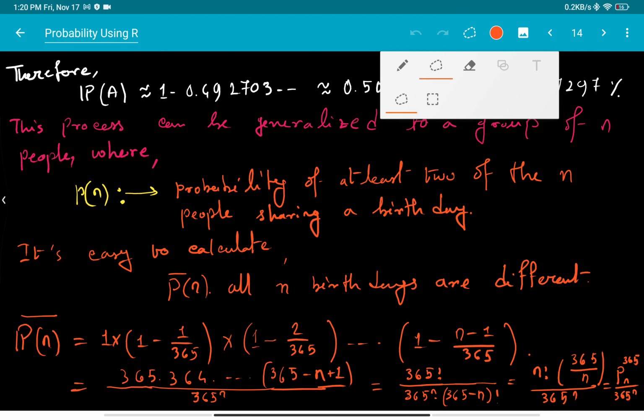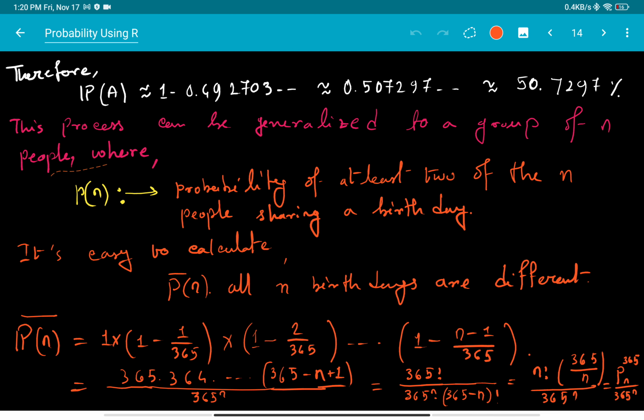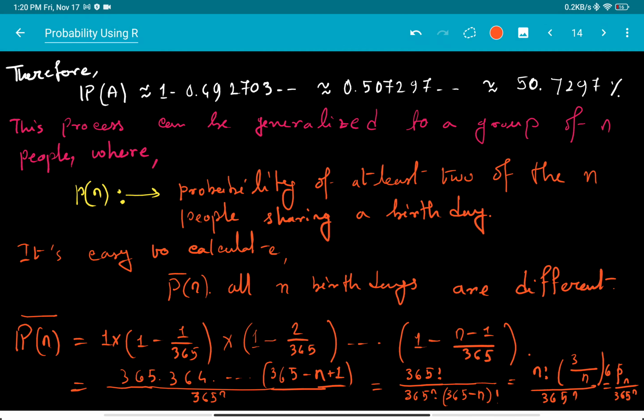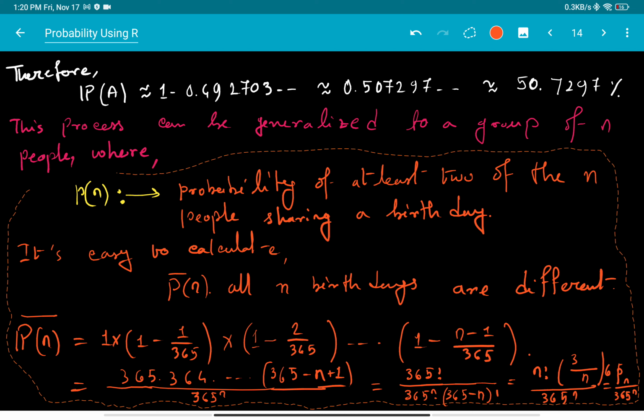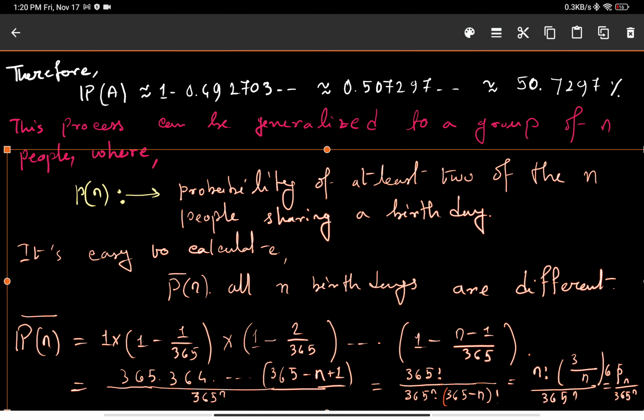You can practice more problems like this. If you like it, as this is very interesting, you can study it in detail. There are a lot of consequences attached to this birthday concept.